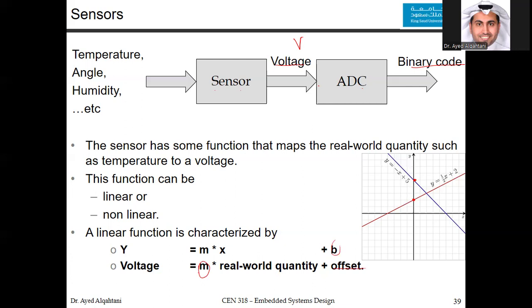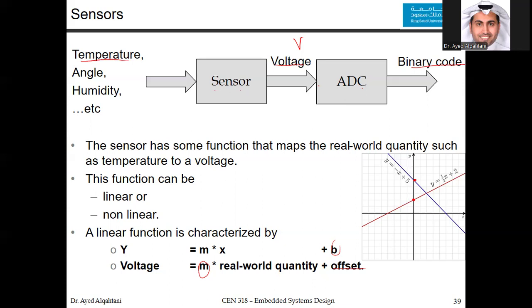So let's have a sensor example. We choose the temperature. So we have a sensor. You could go and look it up on the internet and check a temperature sensor. You will find so many types. Some of them are very precise, some of them are very primitive, and there are so many features for each one of the sensors.